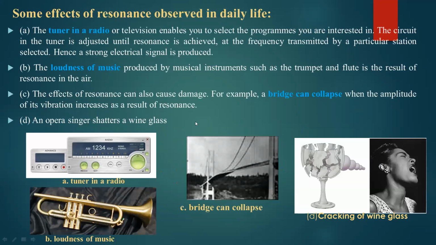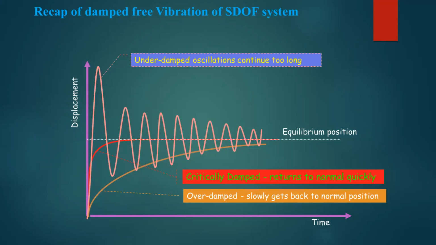So what is the effect of resonance? Our intention is to avoid resonance. What we are damping for is to avoid unnecessary oscillation, to avoid resonance, so that the system vibrates without being damaged.